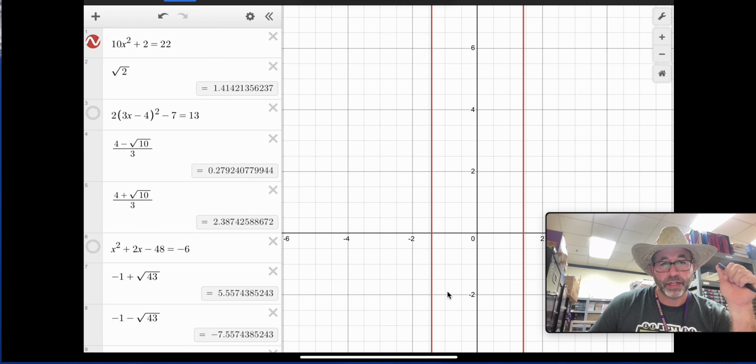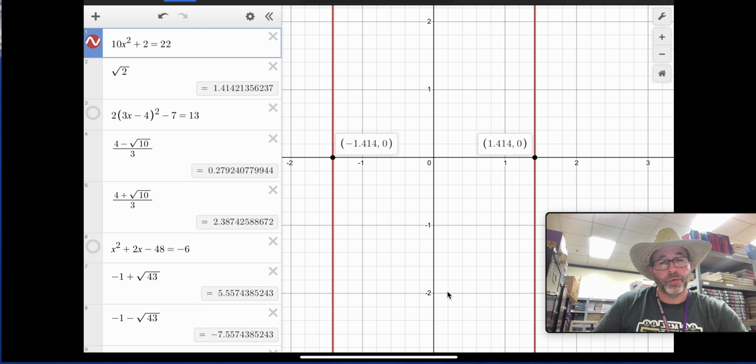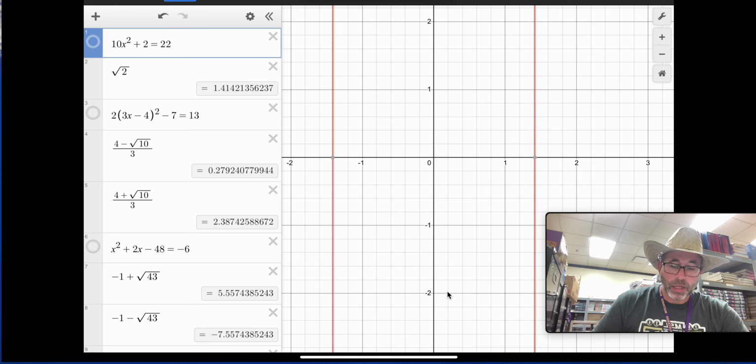If you look at the actual graph and touch at the x-axis, the x-intercepts, touch it twice, what will happen is it'll populate that coordinate. So you see the first one is at negative 1.414, which is the negative square root of 2. And then the other one is to the right, which is positive 1.414, that there's 2 answers on the x-axis there. Okay? Let's turn that off, go back.